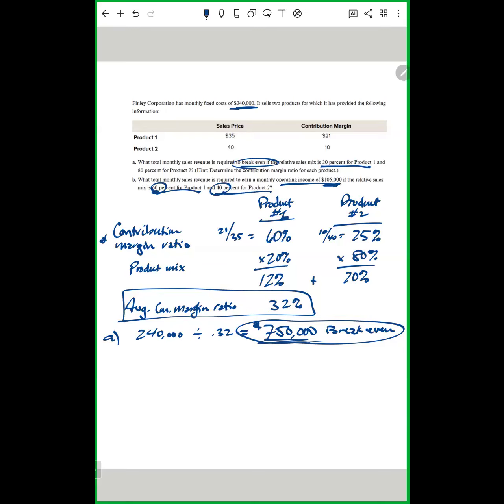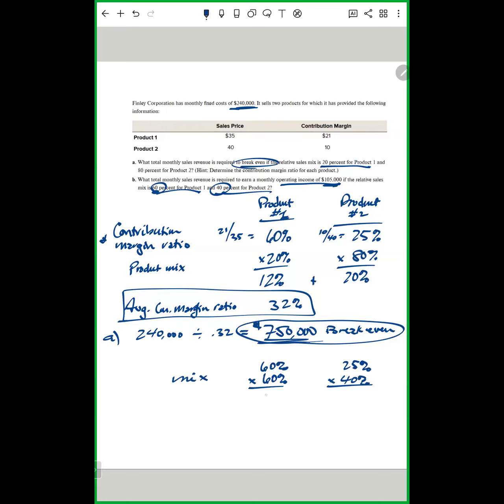So here in B, we're going to have the same 60% and same 25% because our contribution margin ratio has not changed. But our mix is going to change. Now, 60% of the mix is product one and only 40% of the mix is product two. So once again, we're going to multiply these together.